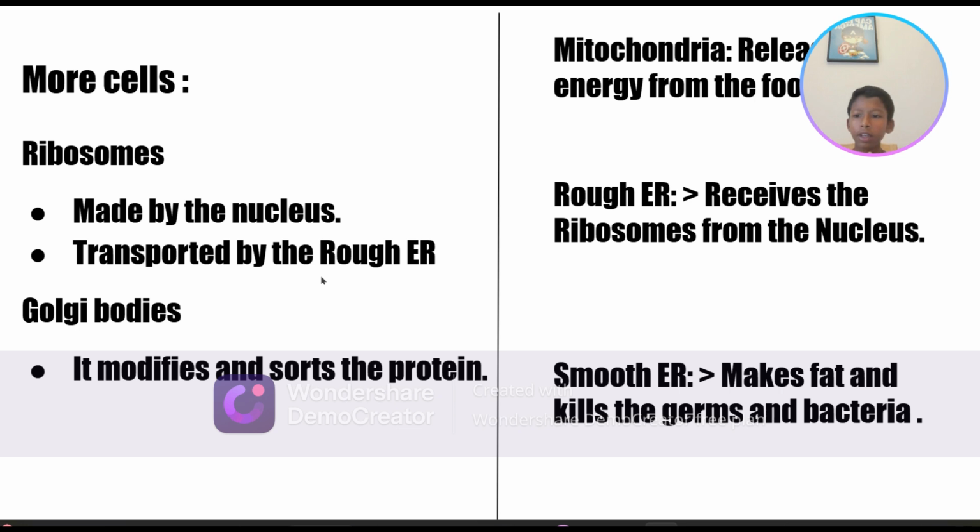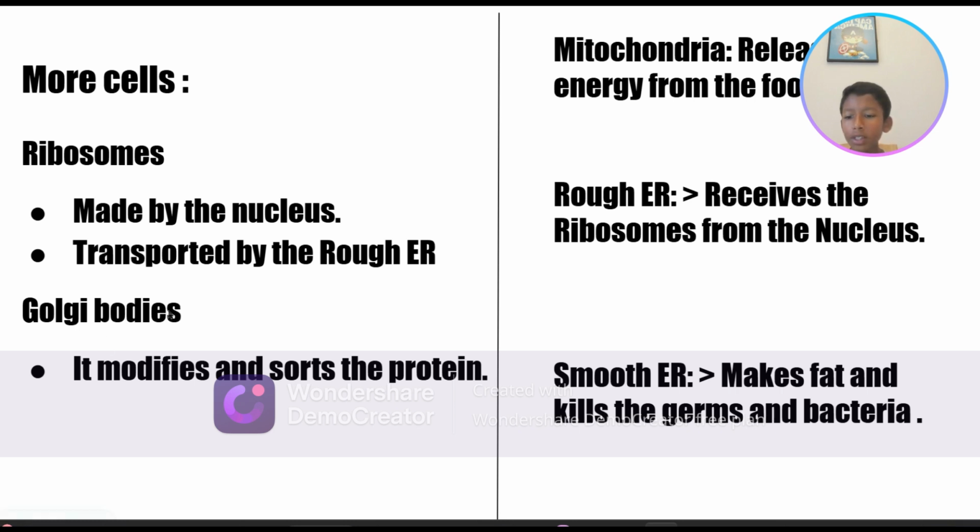There are more cell parts like ribosomes and Golgi bodies. Ribosomes are made by the nucleus and transported by the rough ER, which receives the ribosomes from the nucleus.